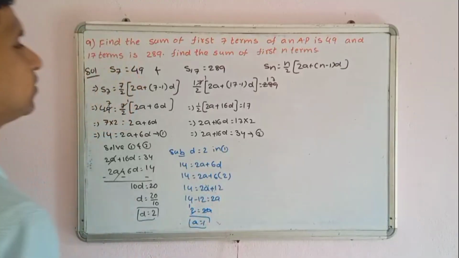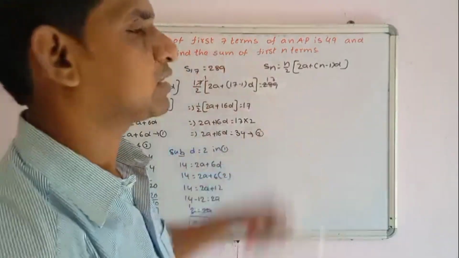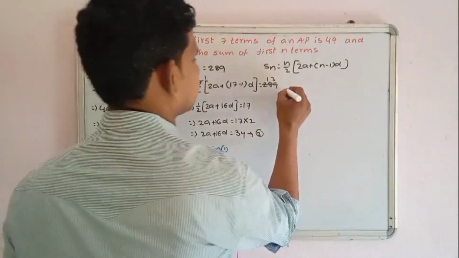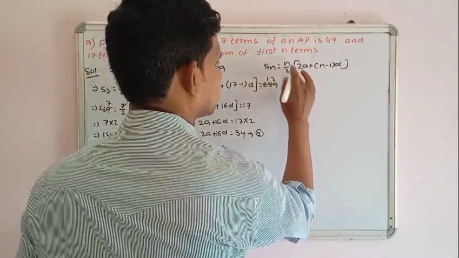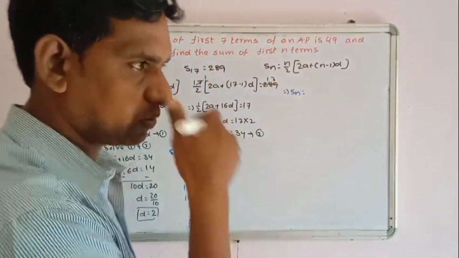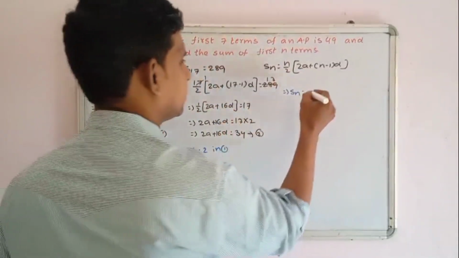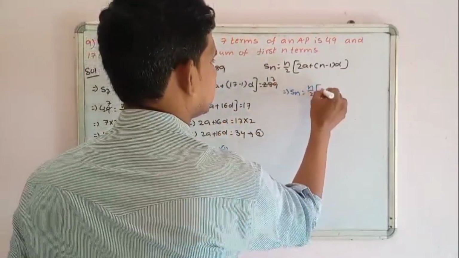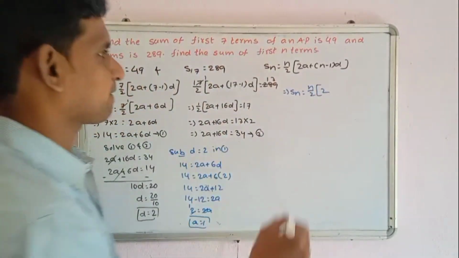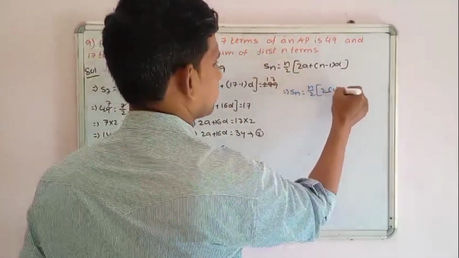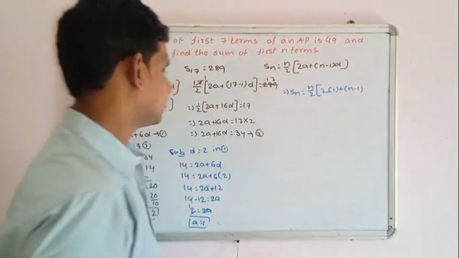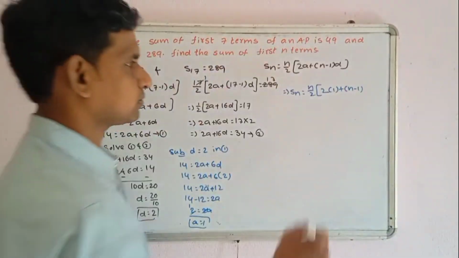Now we will find the sum of first n terms. So Sn equals, what is the formula? n by 2 into 2a plus n minus 1 into d. So n by 2 into 2 times a value 1 plus n minus 1, d value 2.